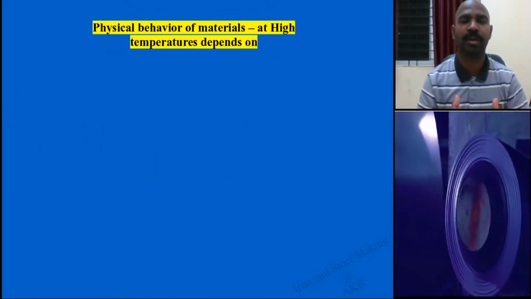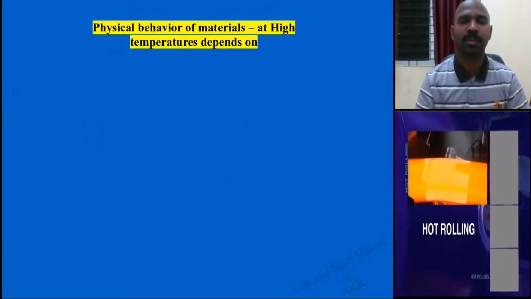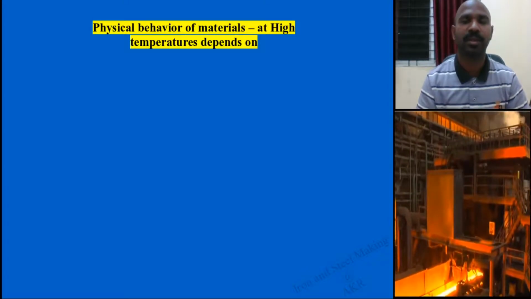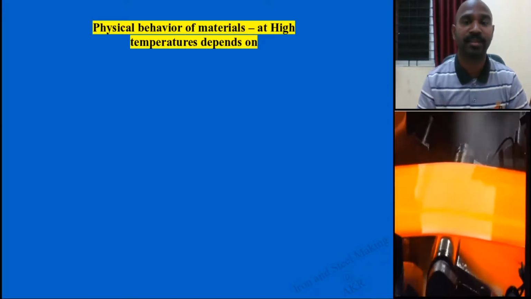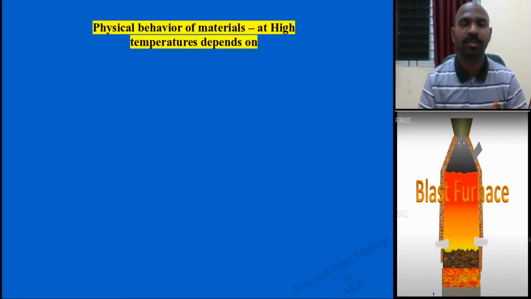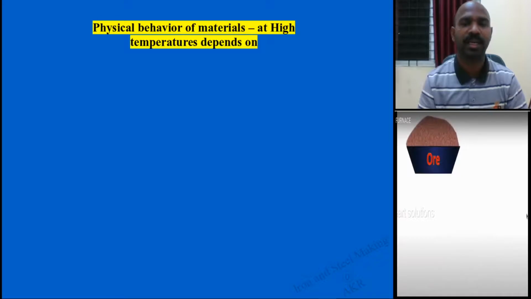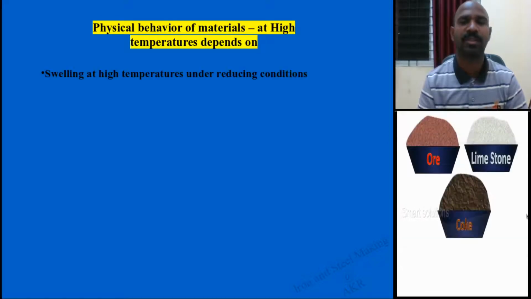Now there are other properties, the physical behavior of materials. After chemical properties, there are physical properties, the physical behavior of the material at higher temperature. How do you assess it? It mainly depends upon three parameters.